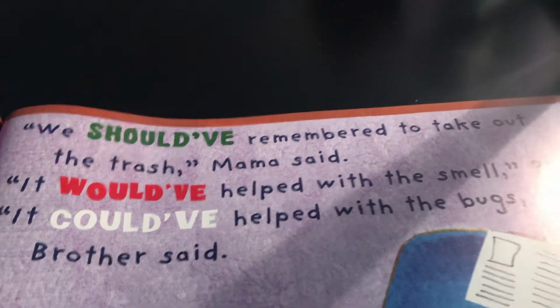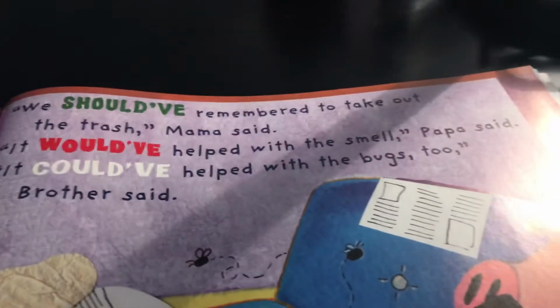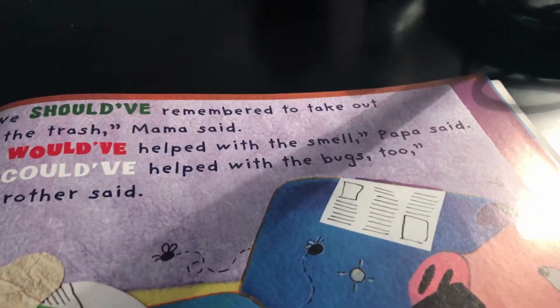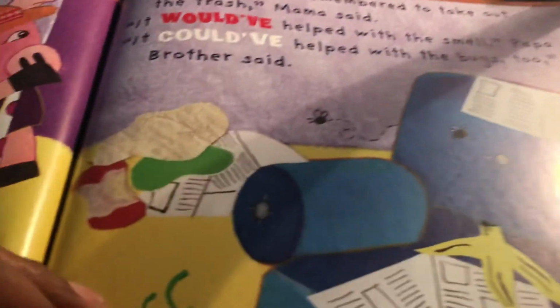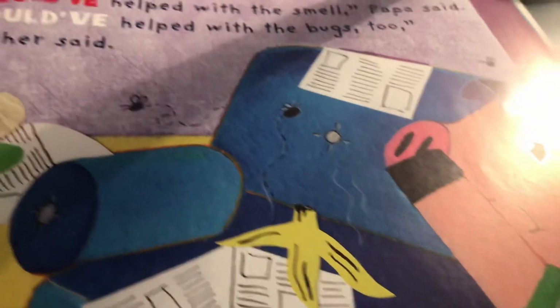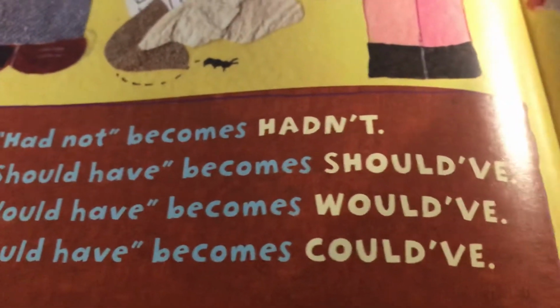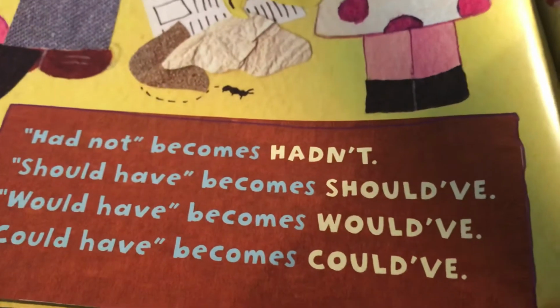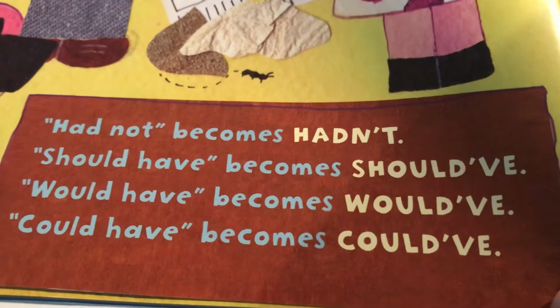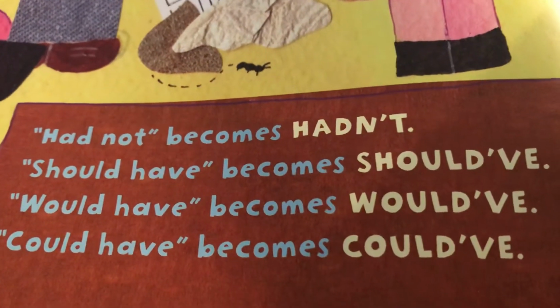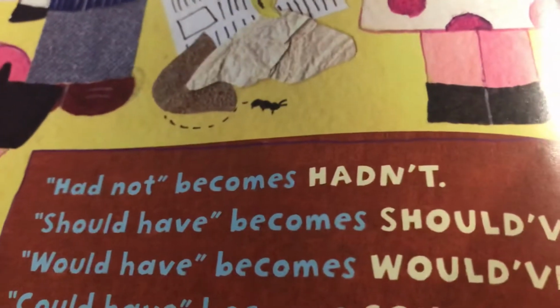It wouldn't have helped with the smell. It could have helped with the bugs, too, Brother said. Don't forget to clean up. Had not becomes hadn't. Should have becomes should've. And would have becomes would've. And could have becomes could've.